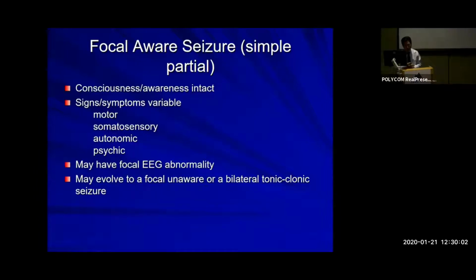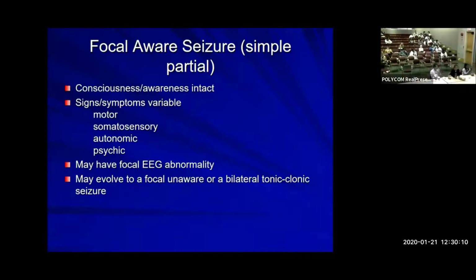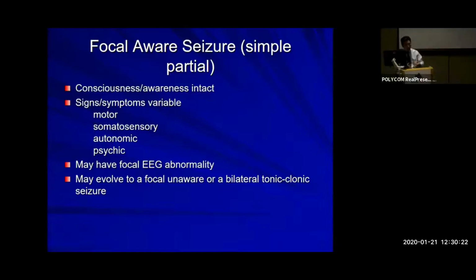And so the point is that if you think somebody's having focal aware seizures, and they have one during an EEG, and the EEG report comes back normal, it does not exclude the diagnosis of focal aware seizures. Now, if that discharge spreads to a larger region of the brain, then the focal aware seizure can evolve into a focal unaware or impaired awareness seizure. If it spreads to both hemispheres, then you get bilateral tonic-clonic.